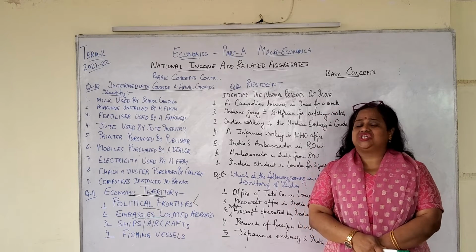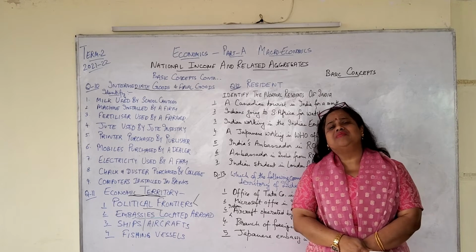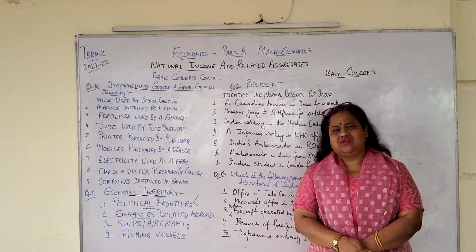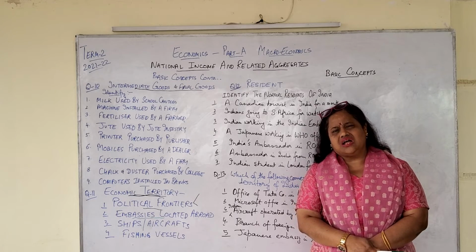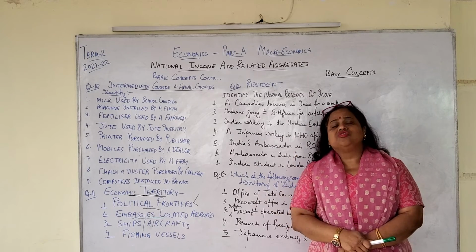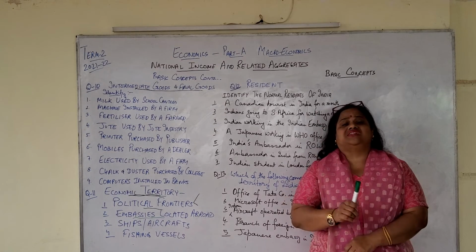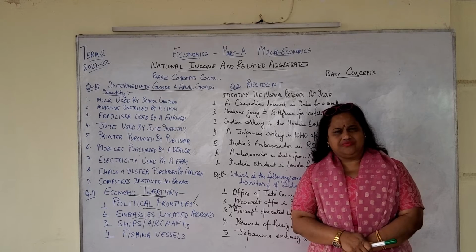So, national income. National income is the sum total of all the income earned by the residents of a country, whether they are working in the country or abroad. So, national income is a sum total of all the income earned by only the residents, wherever they are in the world.